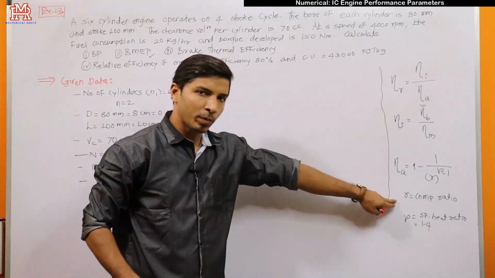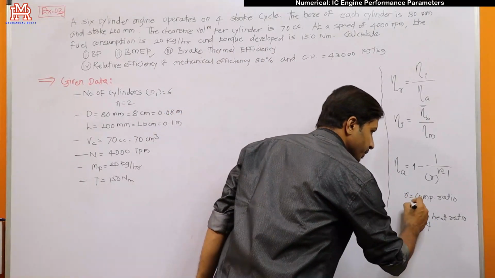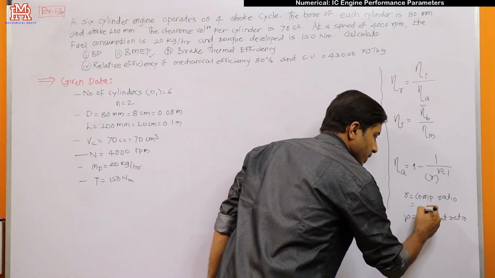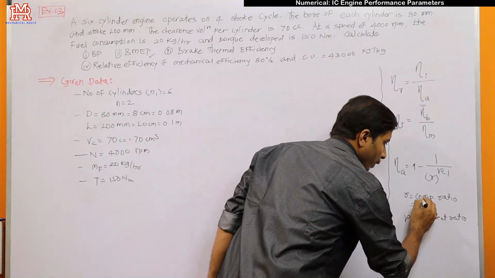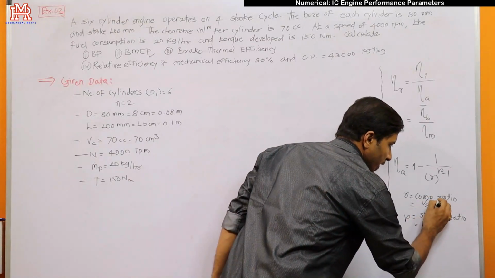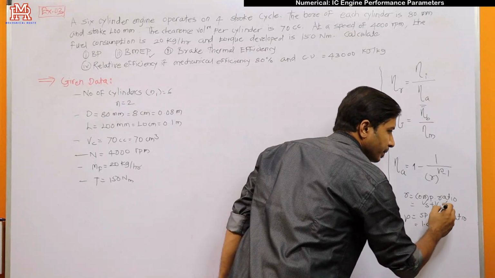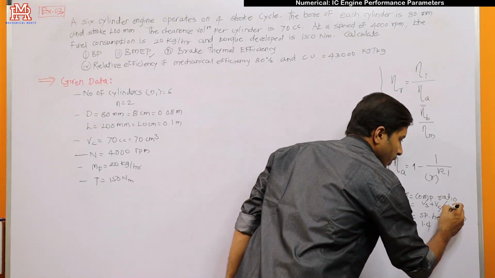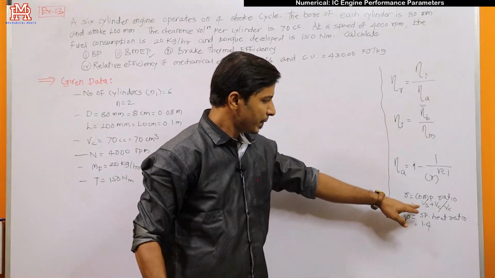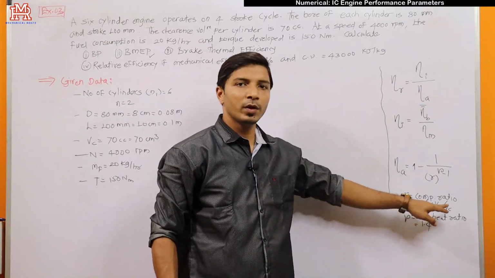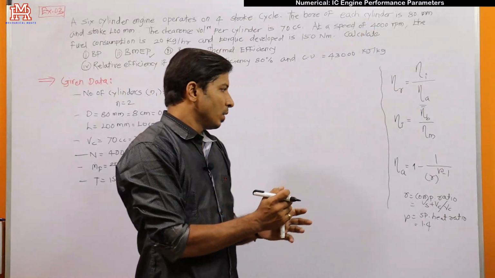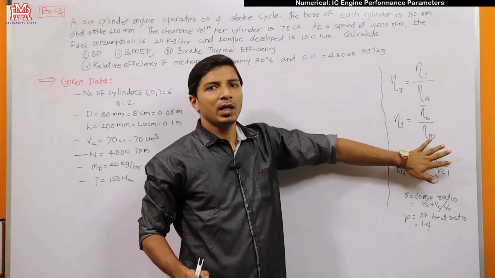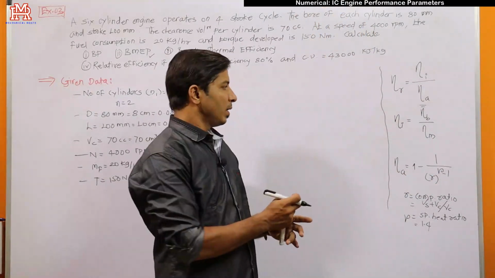And to find the compression ratio, we have one formula which is Vs plus Vc divided by Vc, meaning swept volume plus clearance volume divided by clearance volume. With this formula we will be able to find R. This is the formula that we have already covered in air standard cycles.